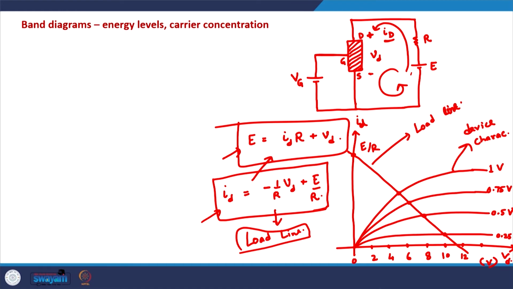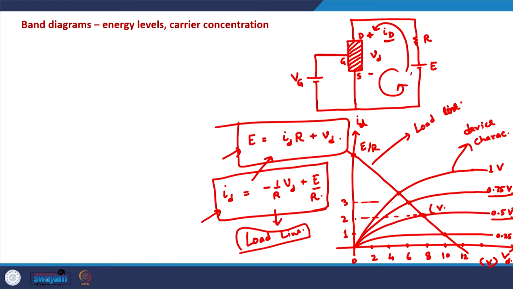Okay. So, as we can see, let us say we are changing the gate voltage from 0.5 volts to 0.75 volts. It means that now the device characteristics is shifting from this point to this point, and at this point the ID value is, let us say 2, here it is 3 milliamperes or anything, we are just talking qualitatively.